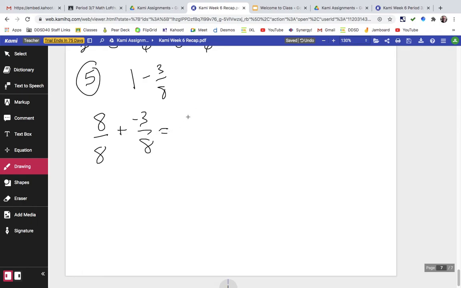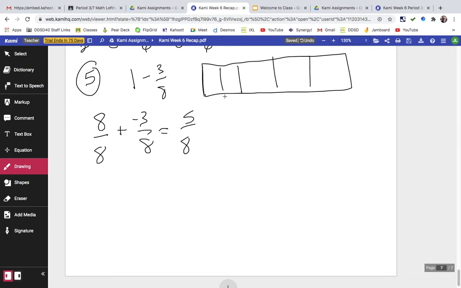That's one way to do it, and we would end up with 5/8. The other thing we could do is draw a picture. And this is 8/8, and if we eliminate 3 of those, we end up with 5/8 left.